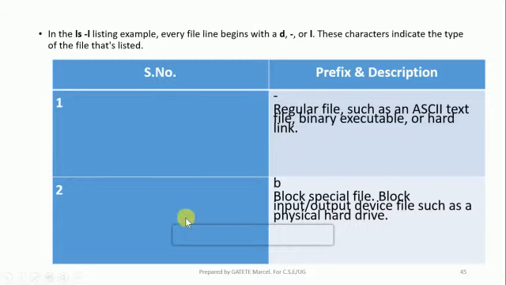If it starts with B, it is a block special file, a special file used to communicate with input output devices such as a physical hard drive. It helps you access external hard drives like CD-ROM, and so on.